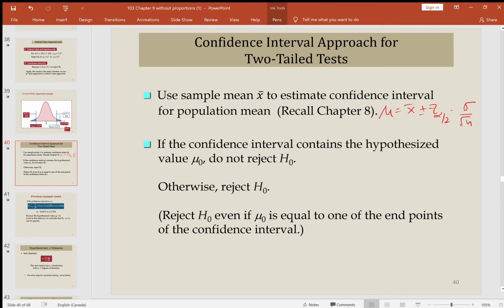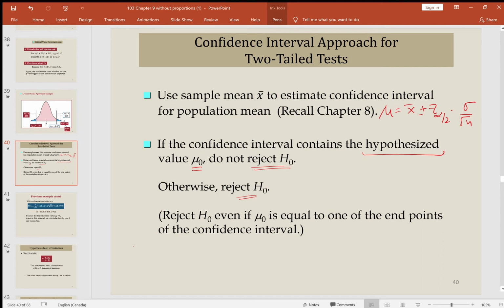If this confidence interval includes the hypothesized value mu naught, we do not reject the null, otherwise we reject the null.